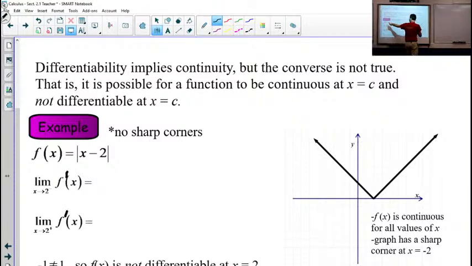So here is a graph of absolute value of x minus 2. And I want you to think about what is the limit as x approaches 2 from the left and as x approaches 2 from the right.